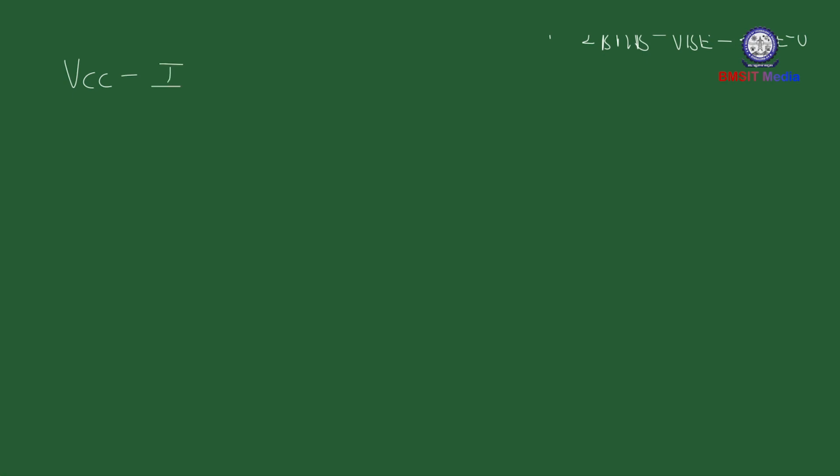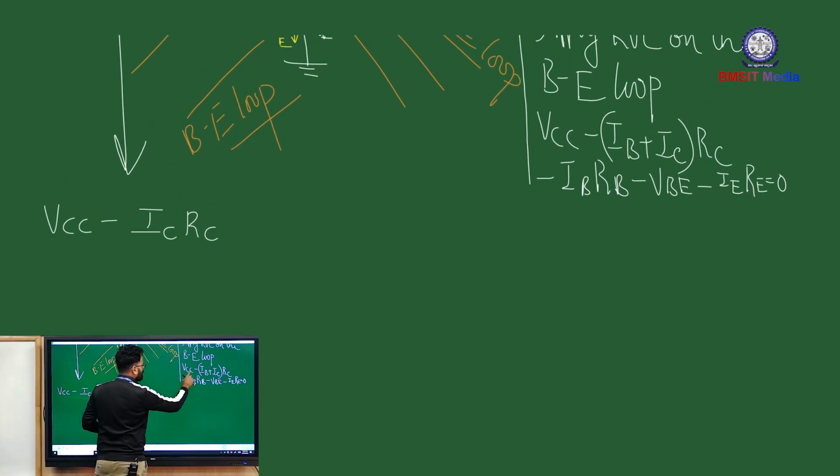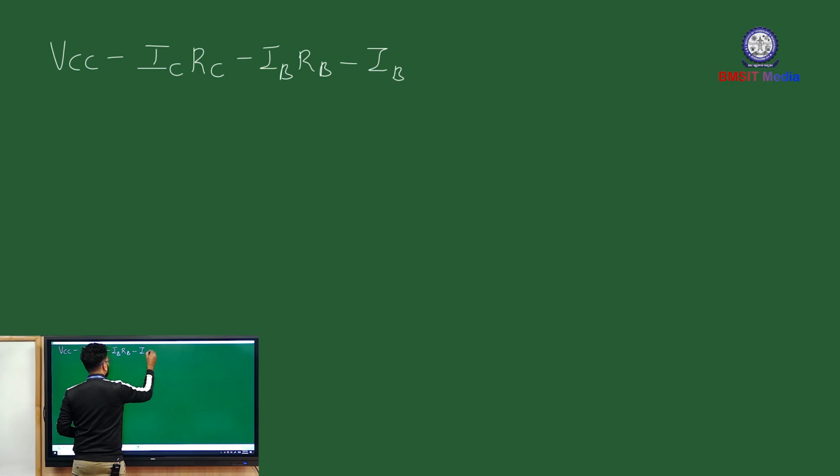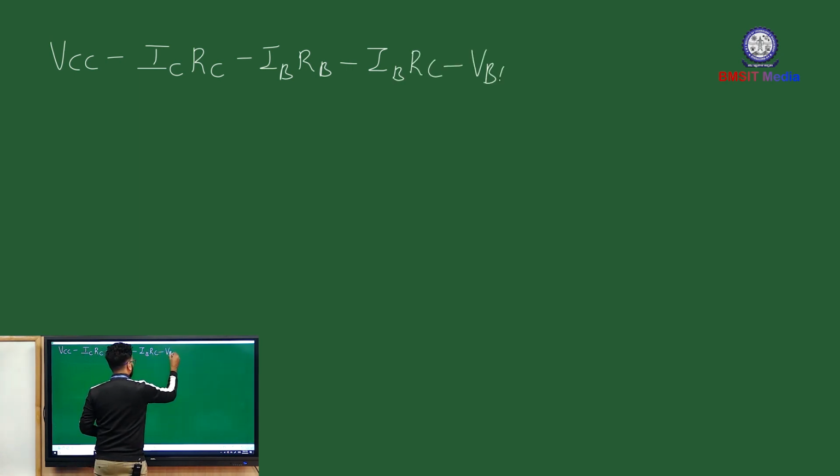So we have obtained VCC minus IB plus IC into RC. Okay. I'm expanding the term here. So I'm just opening up the brackets. Minus IBRB minus IBRC minus VBE minus IE into RE.